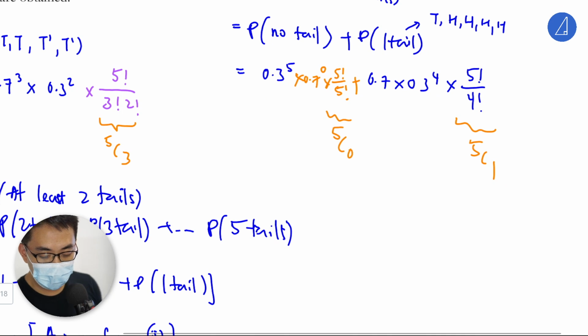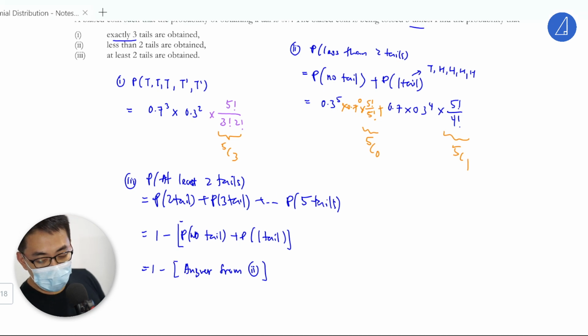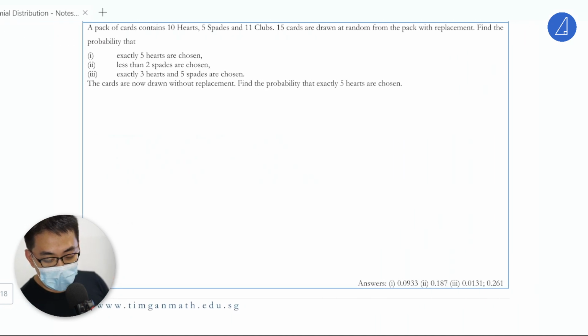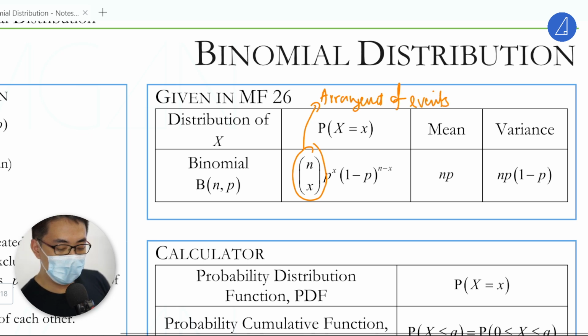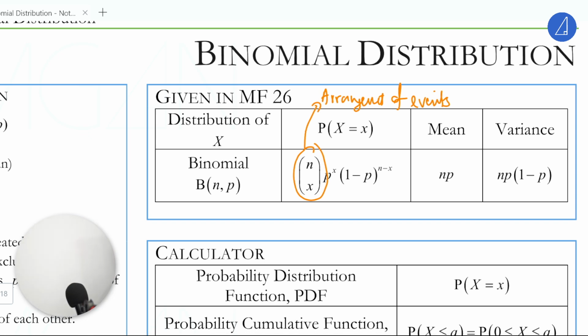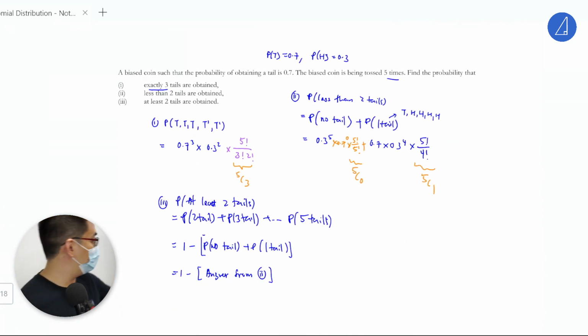That is why we employ the binomial distribution. I want you to understand that this choose here is an arrangement of events, and this is responsible for how we arrange it.